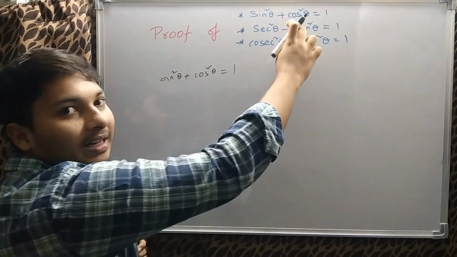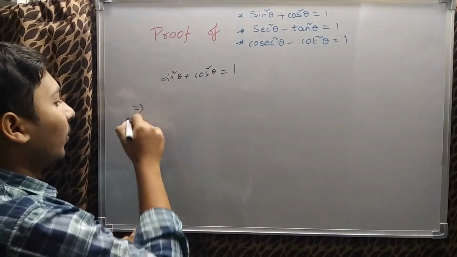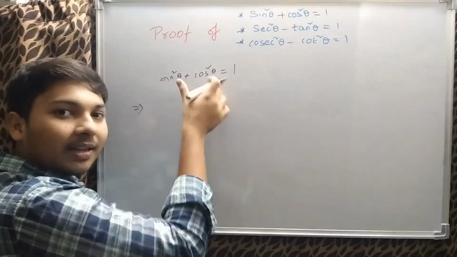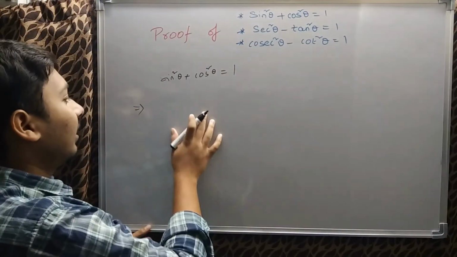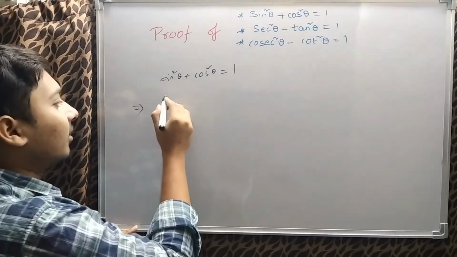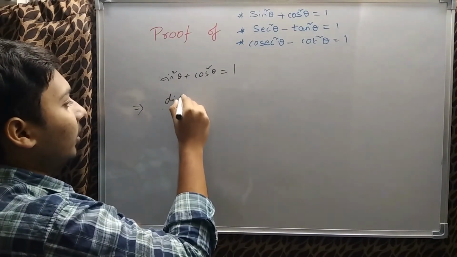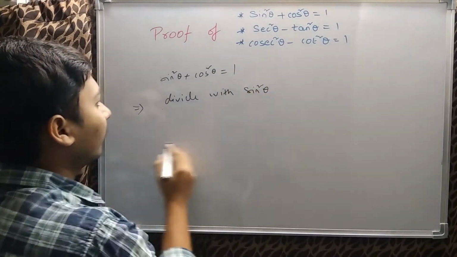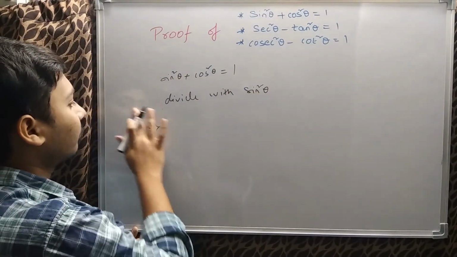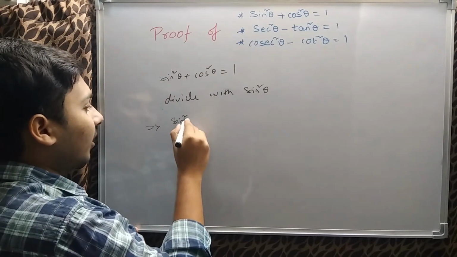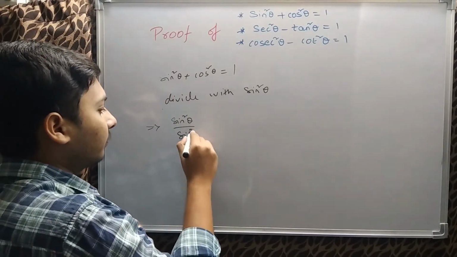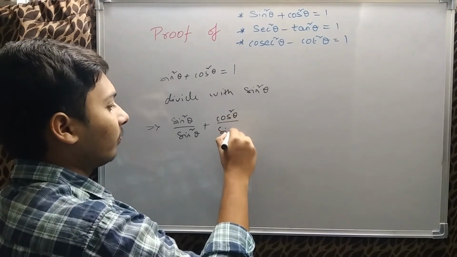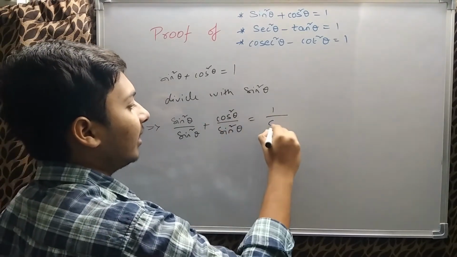To prove these two identities, we can divide this equation once by sin square theta and another time by cos square theta. First, let us divide this equation by sin square theta. Sin square theta by sin square theta plus cos square theta by sin square theta is equal to 1 by sin square theta.